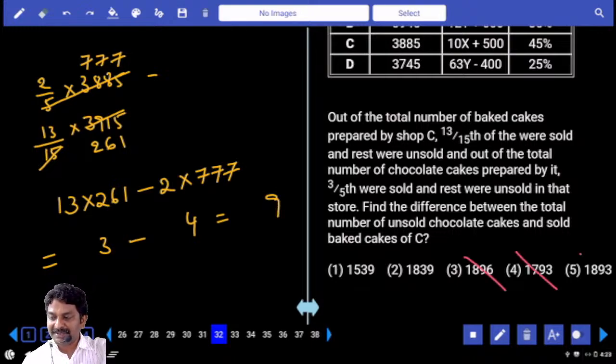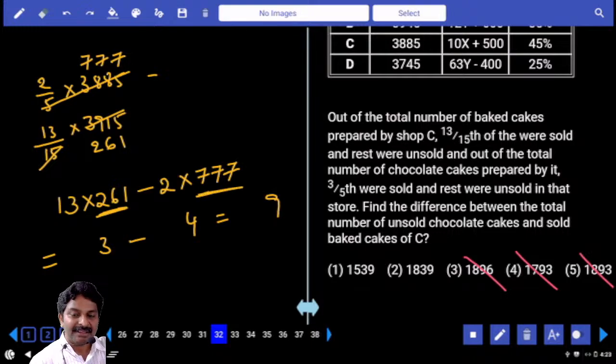How many possibilities are there? Now you will get it. Is this a 9 multiple? Is 261 a 9 multiple? Is 777 a 9 multiple? At least a 3 multiple. So from a 9 multiple, if you subtract a 9 multiple, the answer is going to be a 9 multiple.